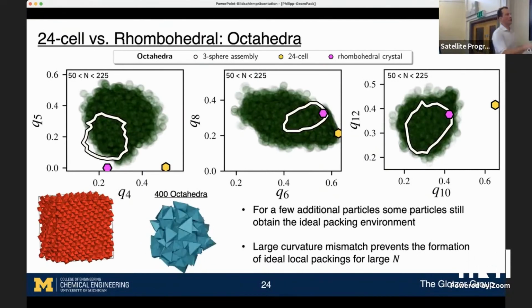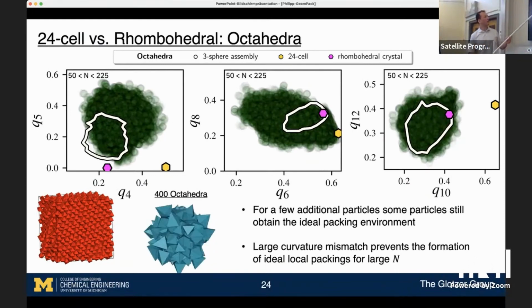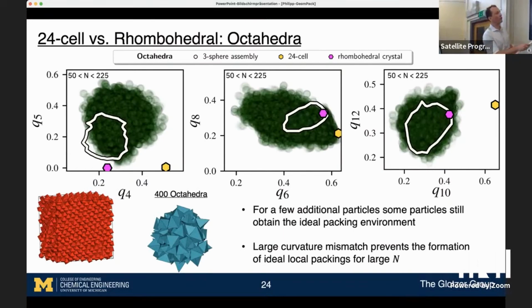This means that in these systems, none of the particles try to obtain the ideal local environment anymore, and you also don't really see this face-to-face alignment anymore. So what they do instead is they try to form one single environment, which is here the rhombohedral crystal.